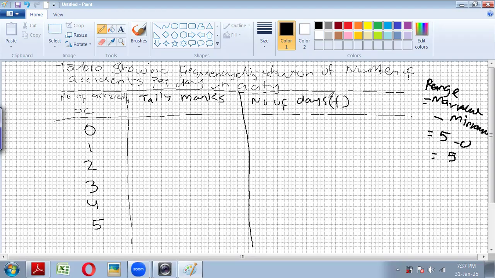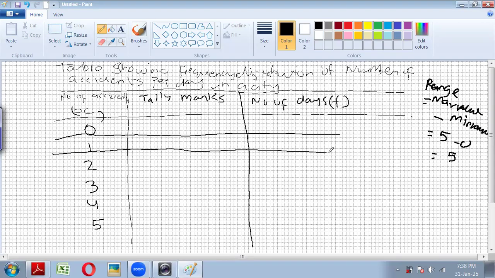Frequency F. ये बहुत इंपॉर्टेंट होता है, F और X, that is very important. Let me make this kind of lines so that I don't commit mistakes.